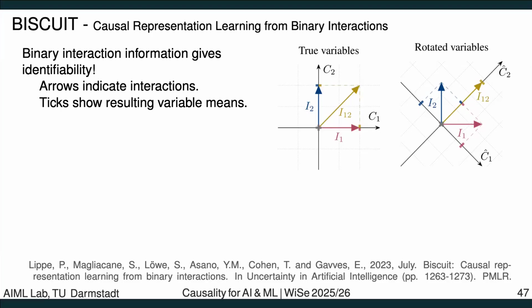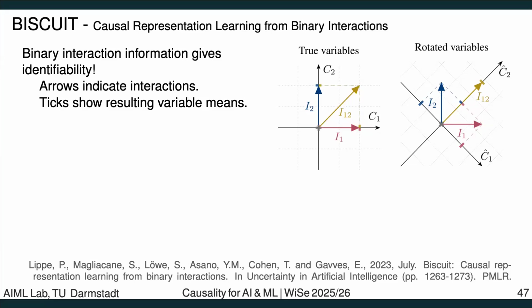So what this means is if I have two interventions, I1 and I2, and I just have data where those two were applied, and I look at some latent vector, which I, let's say, somehow recovered.